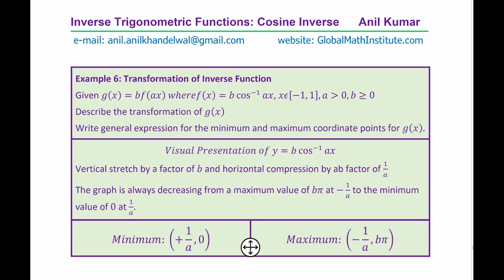Example 6. Transformation of inverse function. Given g of x is b f of ax, where f of x is cos inverse of x.